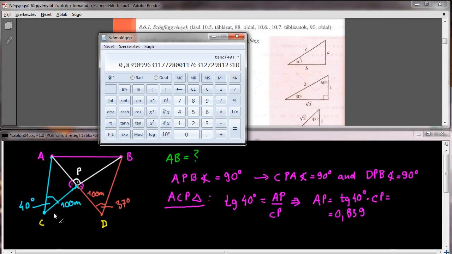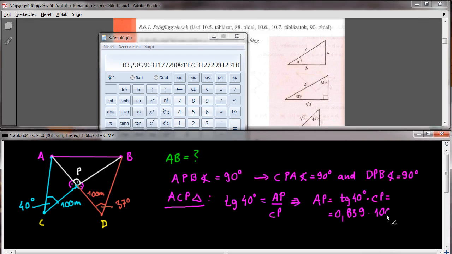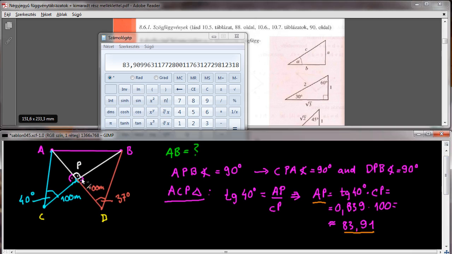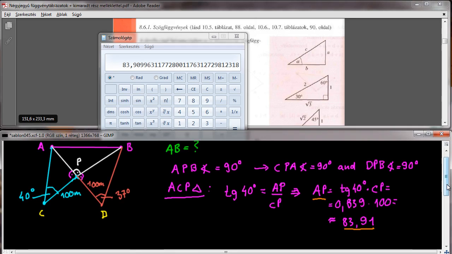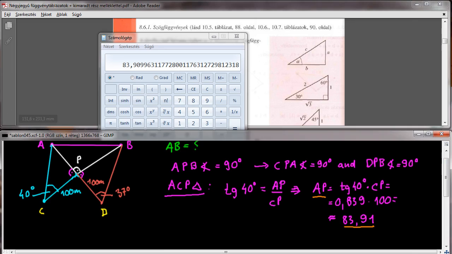The CP is 100, because I know it from the text. So times 100 is equal to 83.91 approximately. Okay, so this is AP. I got AP. I underline that. Alright, so now in a similar way I want to calculate PB.